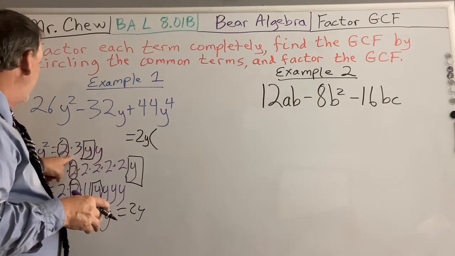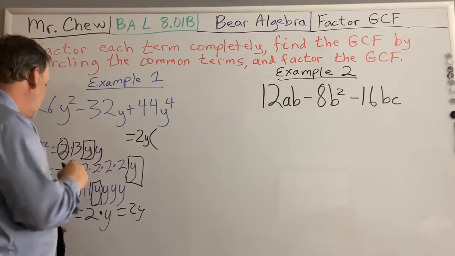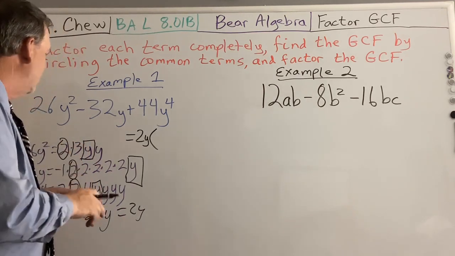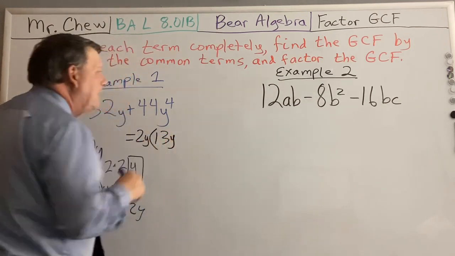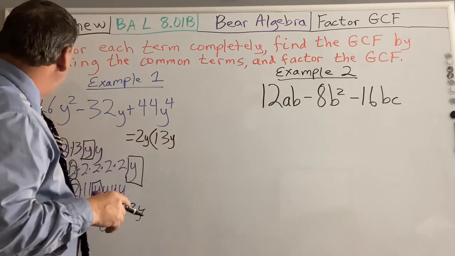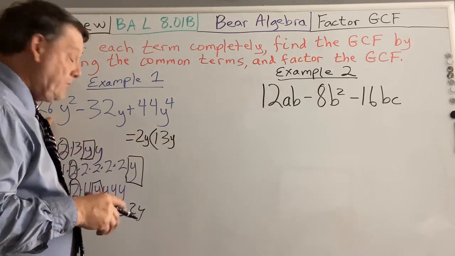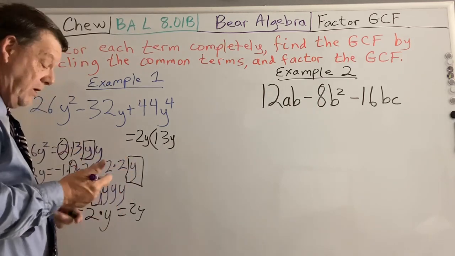That's not a 3y, that's a 13. So that is 13 times y. And reversing the distributive property would show you that when I multiply 2y times 13y, I get 26y squared, and that's true. That's how I found that I had made that mistake by putting a 3 instead of a 13 there.